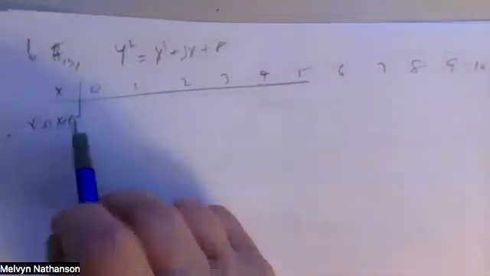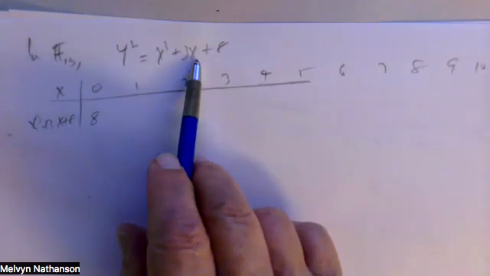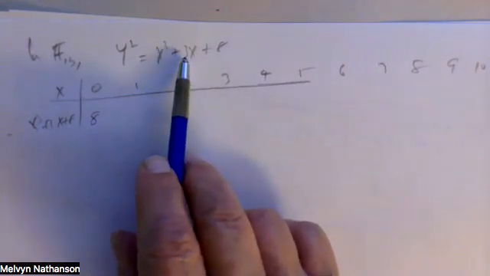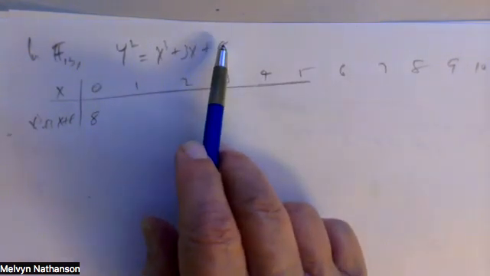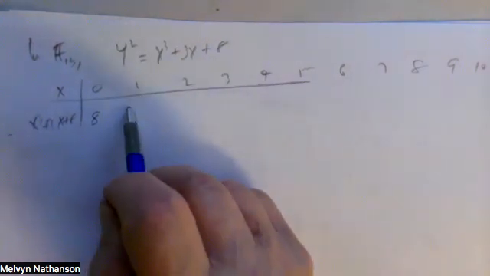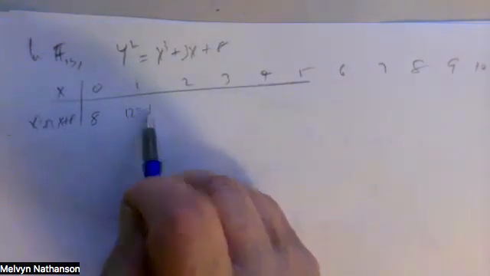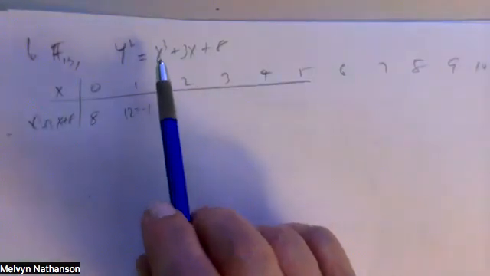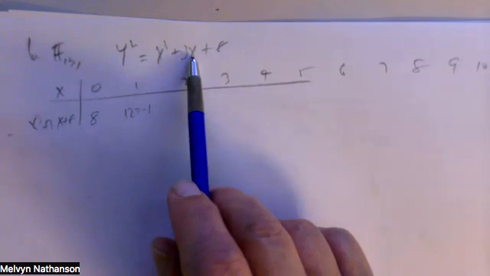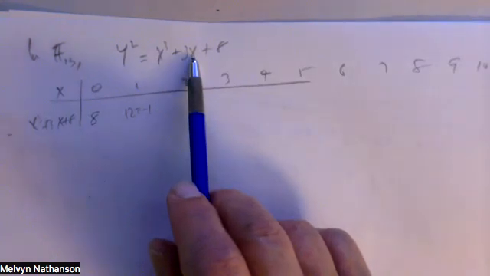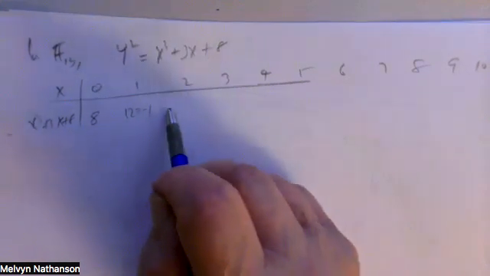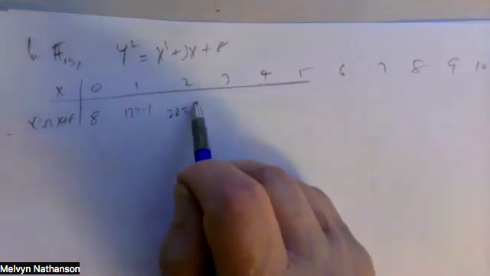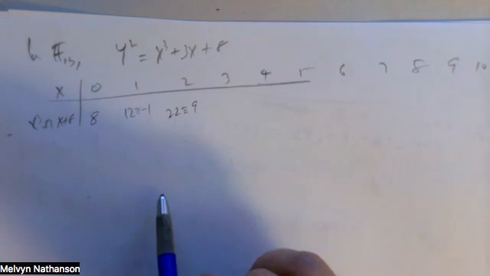So when x is 0, this is 8. When x is 1, this is 1 plus 3 is 4 plus 8 is 12, which is the same as minus 1 mod 13. When you have 2, you have 8 plus 6 is 14, plus 8 is 22, which is the same as 9 mod 13.